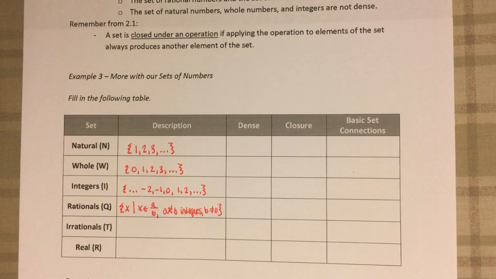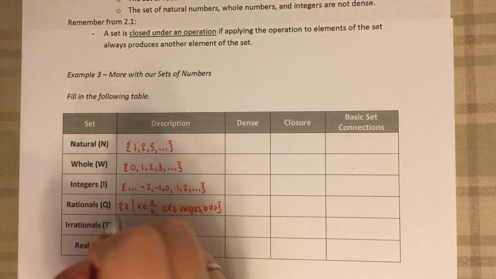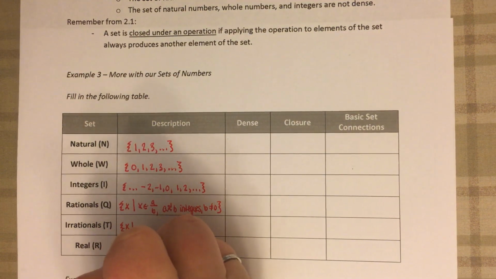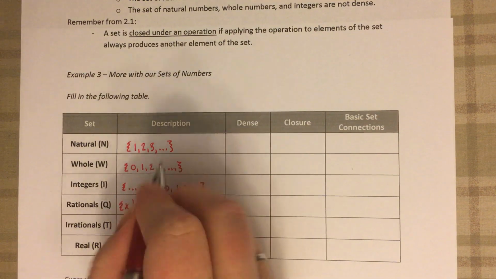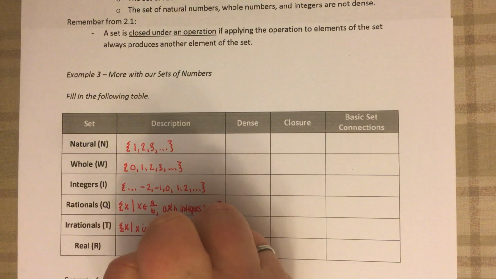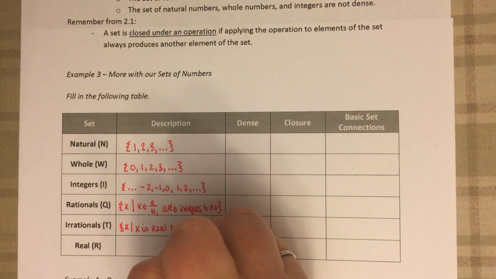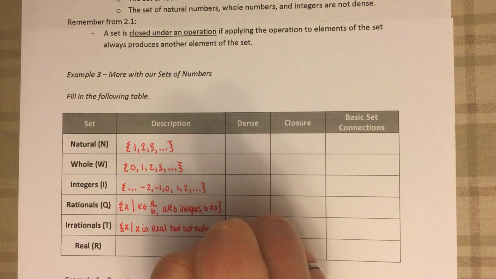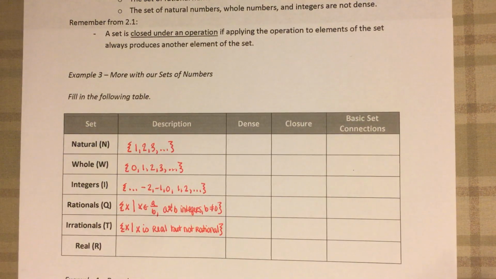It also includes everything that comes in the previous sets, but here we're thinking about fractions or repeating or terminating decimals. Our irrational numbers are all x such that x is real but not rational. So it is a real number. We can put it inside our Euler diagram, but it belongs on the right. It is not rational.